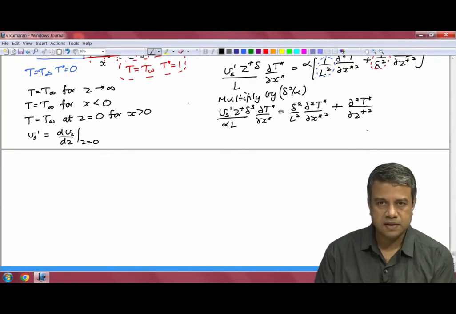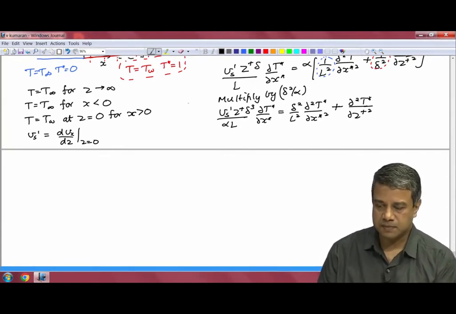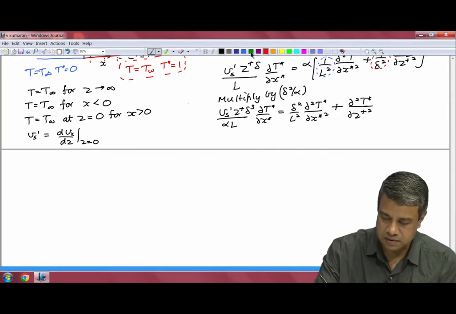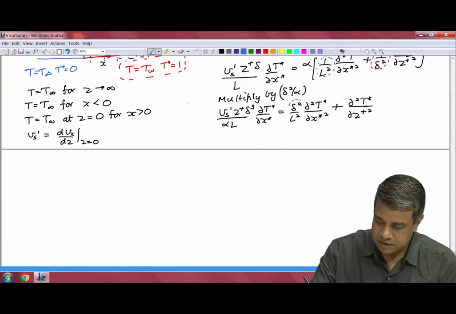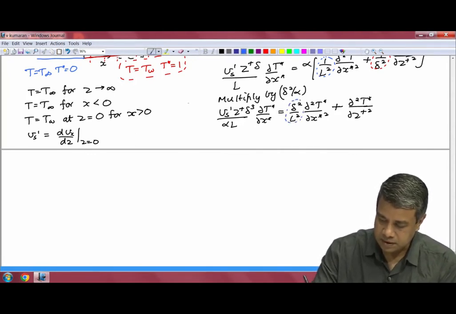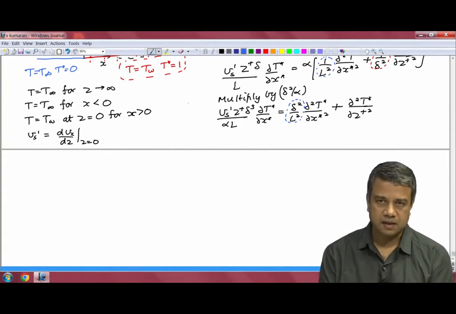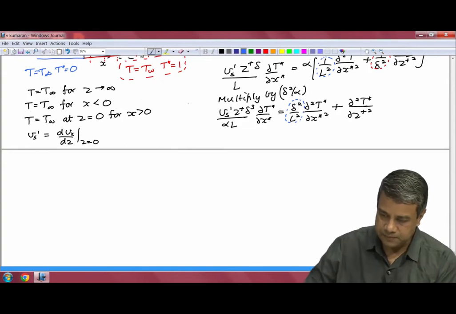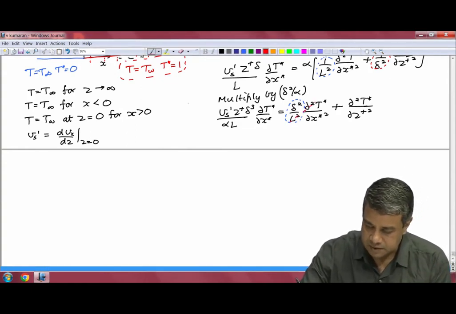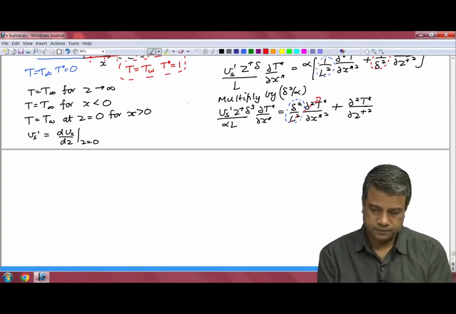And here you can see that streamwise diffusion can be neglected in comparison to cross stream diffusion, because the streamwise diffusion term in the x direction is multiplied by delta square by L square. Delta by L is small compared to 1. So, therefore, this term can be neglected.